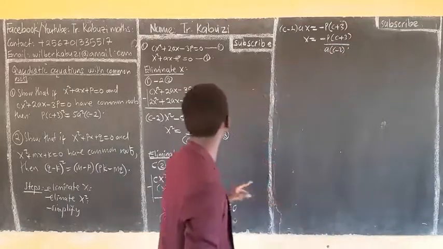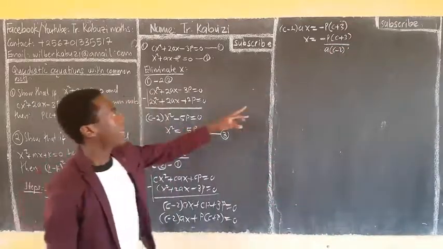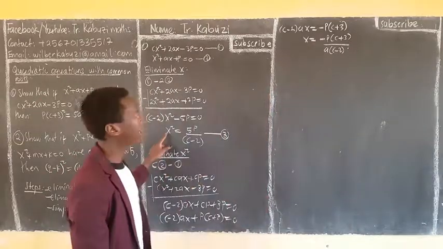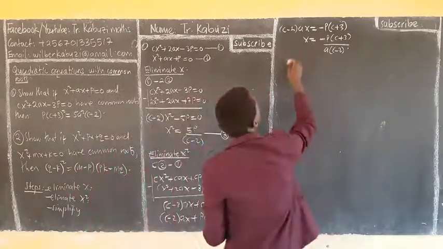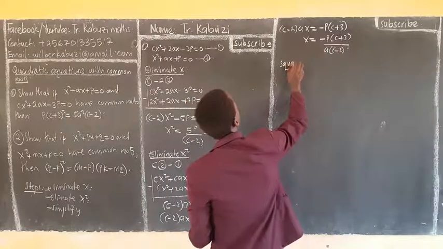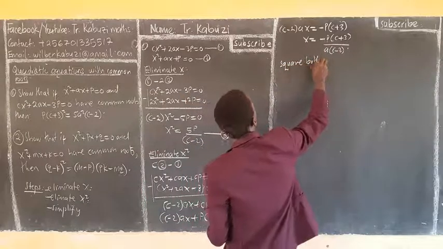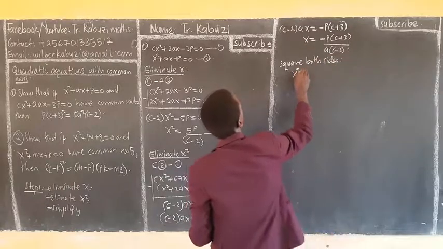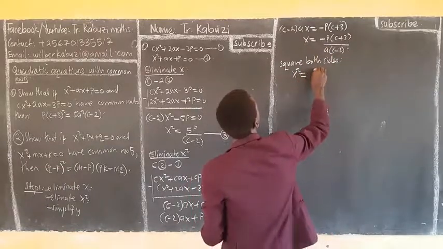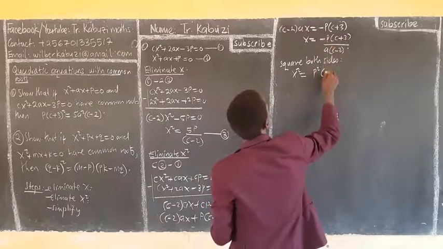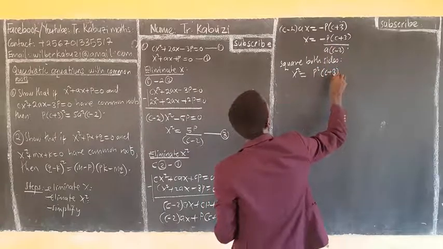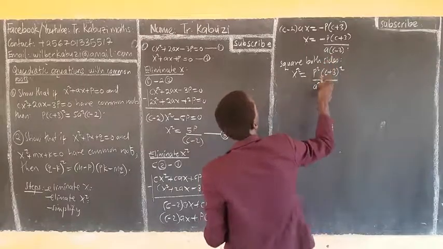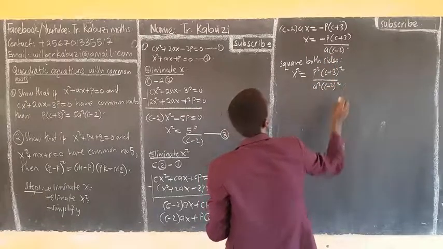By now, you see here you have x squared, and here you have x. You know that when I square x, it will be equal to x squared. So, if you square both sides, I'll have x squared equaling, when I square this, p squared, and when I square a, this will be the whole square.